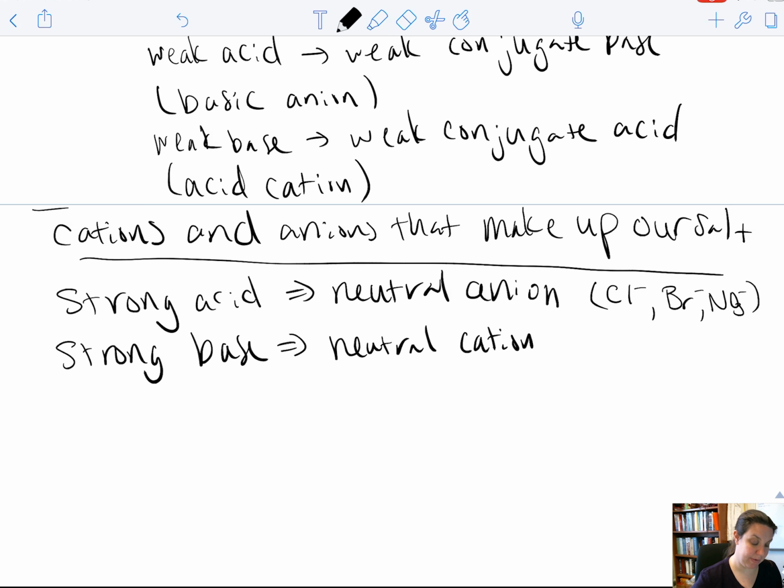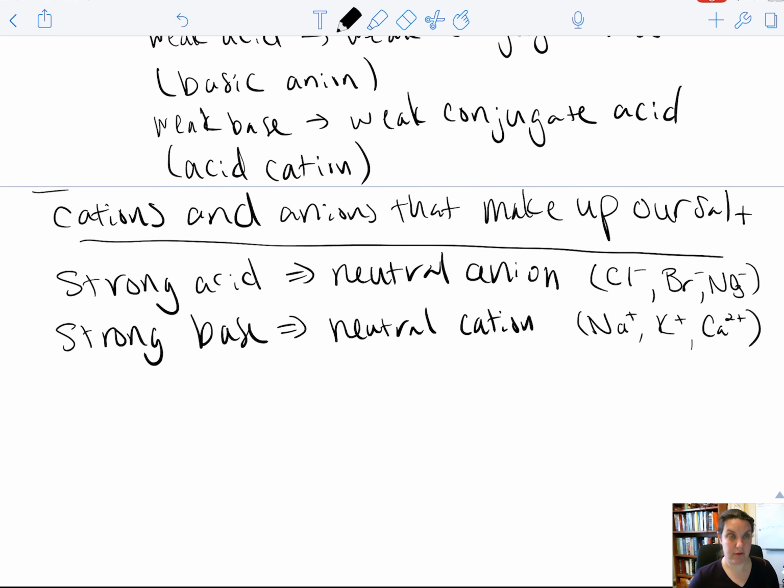Our strong base will have a neutral cation, so something like Na plus, or K plus, or Ca2 plus. Okay?